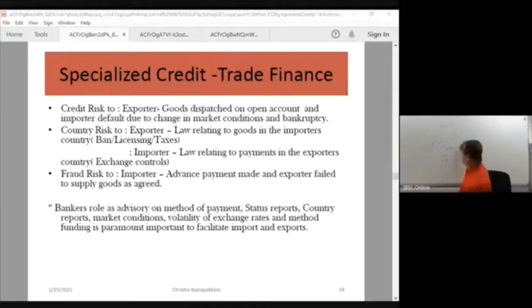And these transactions also involve exchange income, because when you buy foreign bills, you apply the buying rate of the foreign currency. Similarly, when you open an LC and need to retire it, you apply the selling rate of the currency. All that involves profits to the bank.